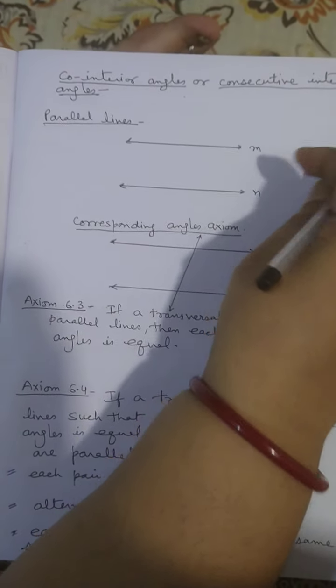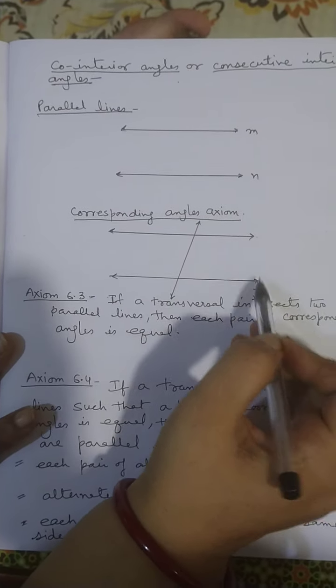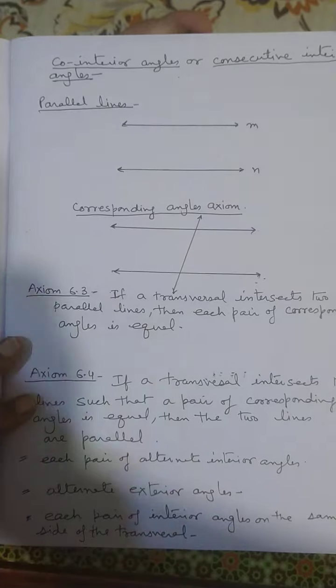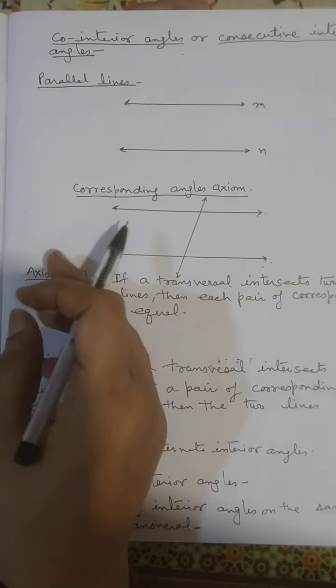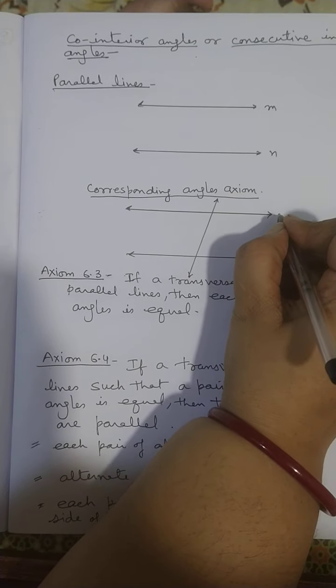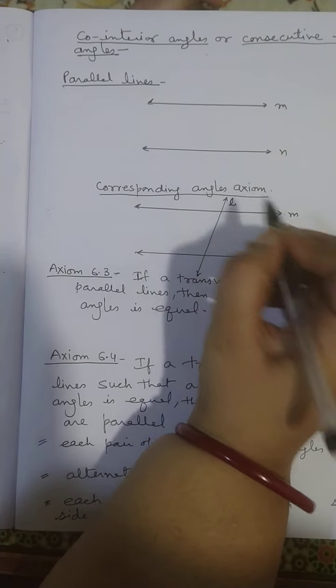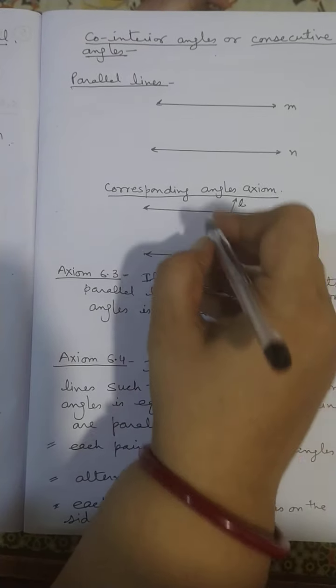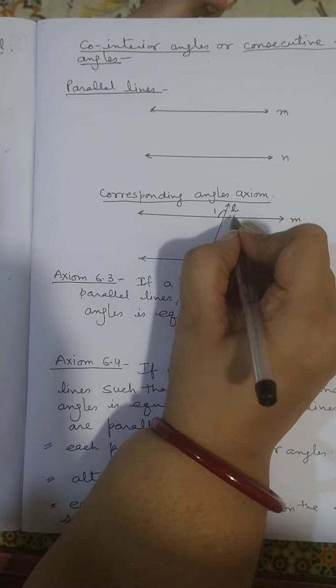Next is when the two lines are parallel and it is intersected by a transversal. So let the two lines be again M and N. It is intersected by a transversal, that is L. Then some angles are formed that we have discussed.